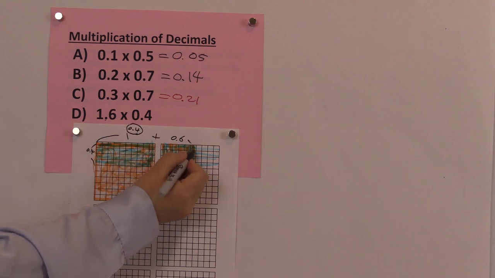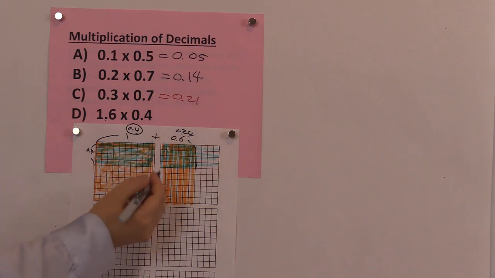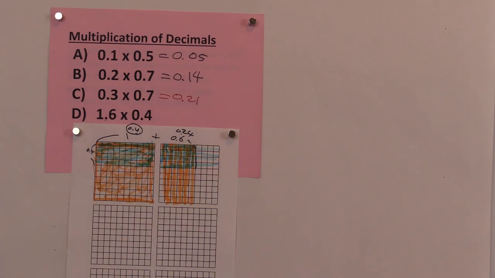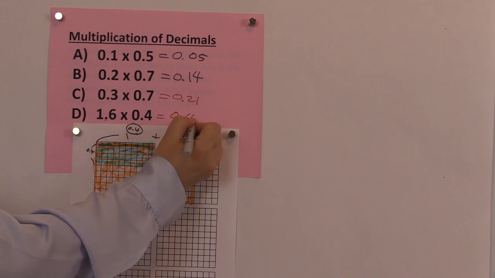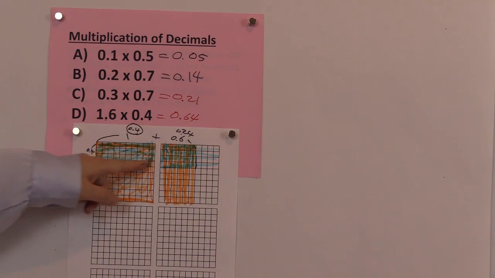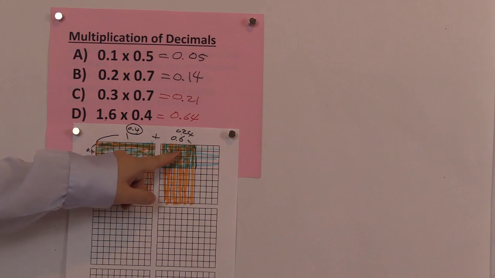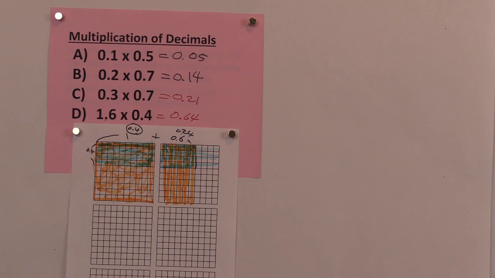Plus, how many double shaded parts here? 24 hundredths. 6 times 4, 24 hundredths double shaded part. So add them all together. So my answer is going to be 64 hundredths. You can count 1, 2, 3, 4 tenths, and then 24 hundredths, and together 64 hundredths.